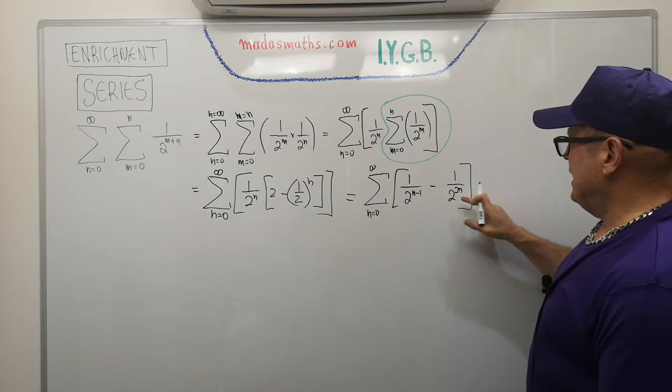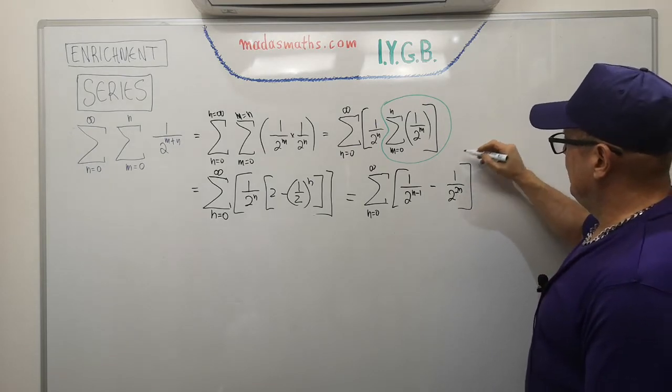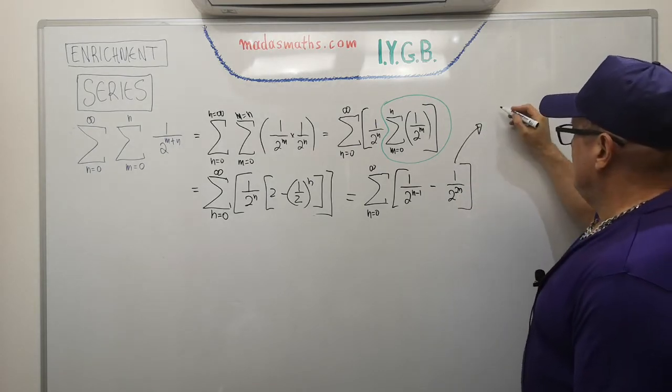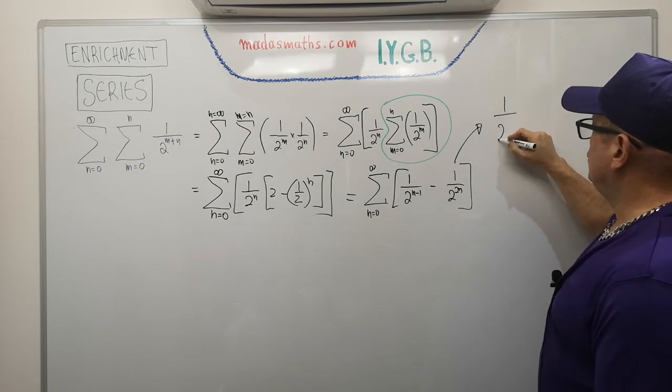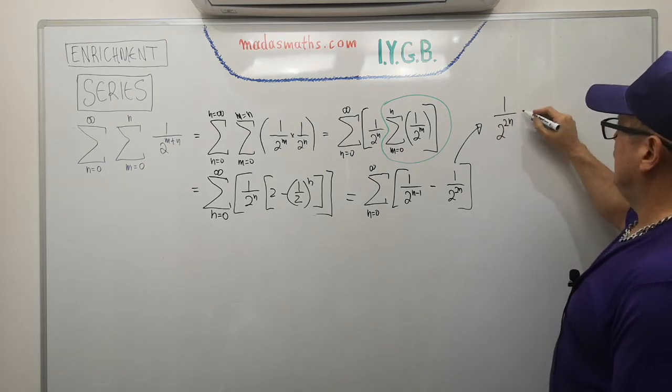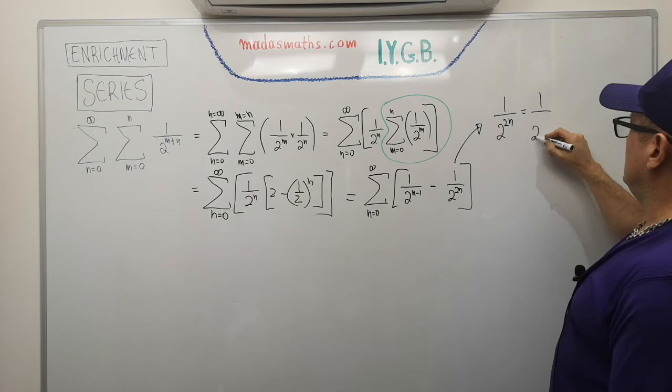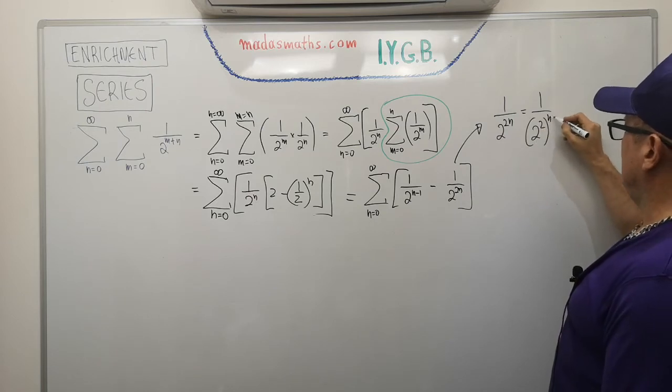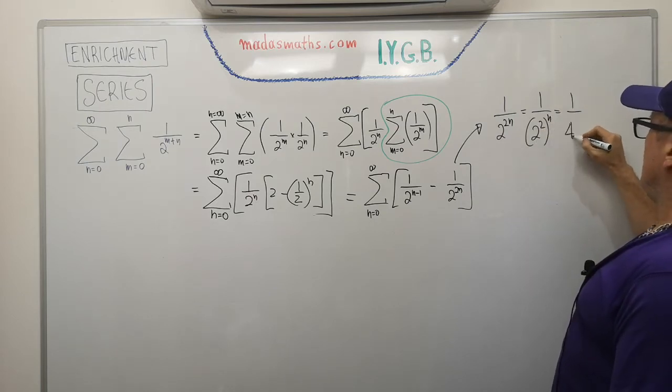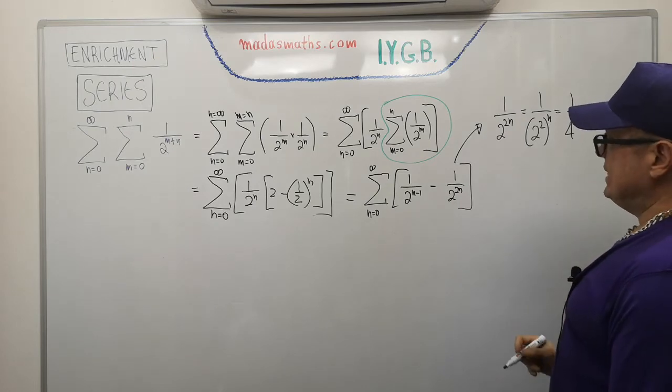It's probably better to rewrite this term, because of course 1 over 2 to the power of 2n is the same as 1 over 2 squared all to the n, which of course is the same as 1 over 4 to the n, for simplicity.